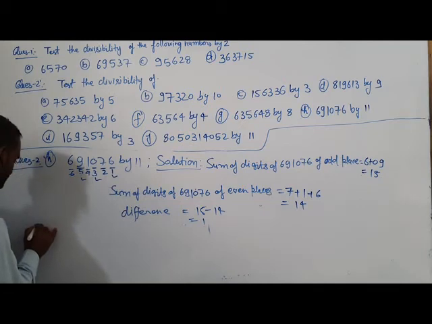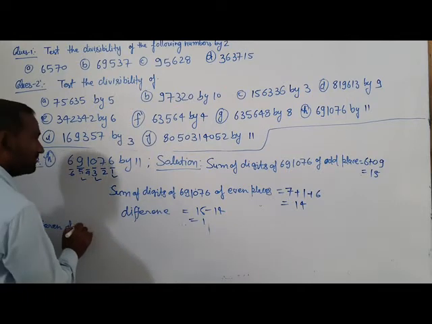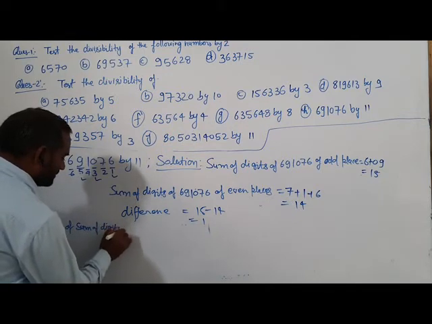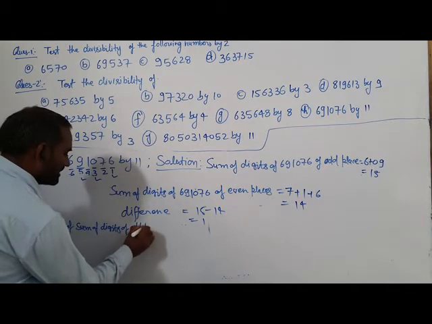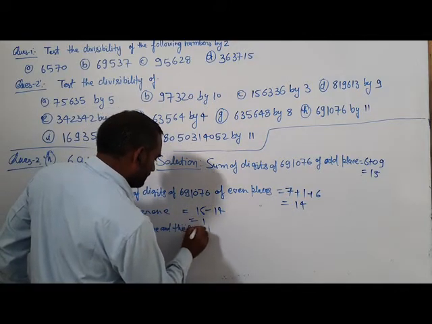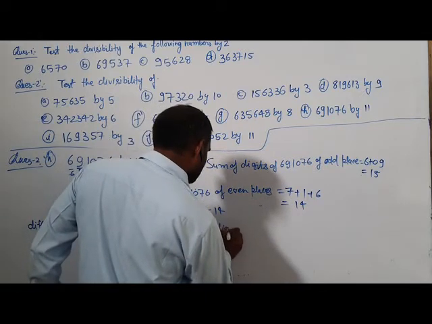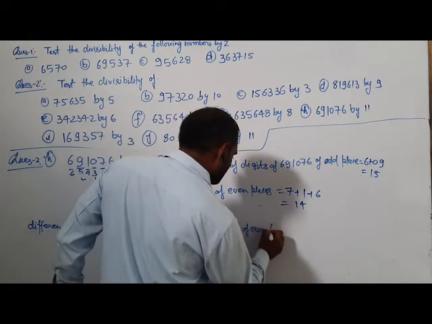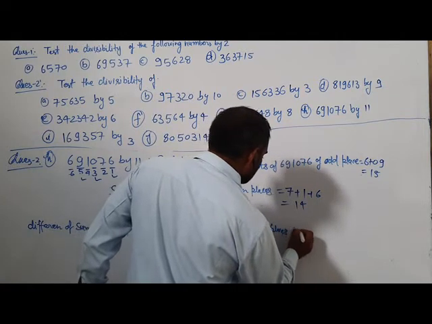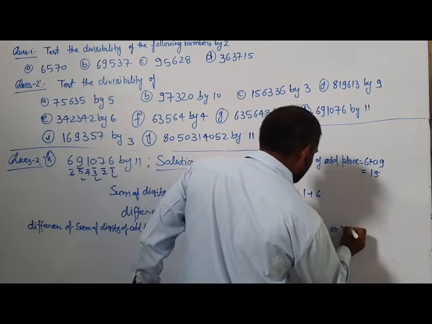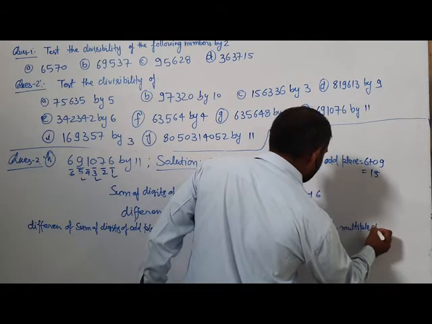The difference of the sum of digits of all places and the sum of digits of even places is not 0 or a multiple of 11.